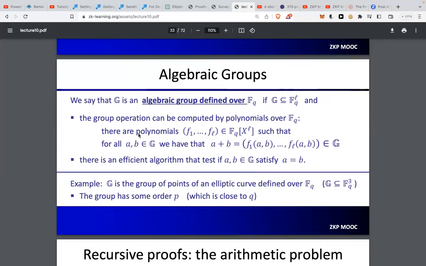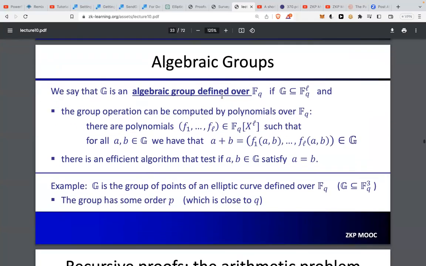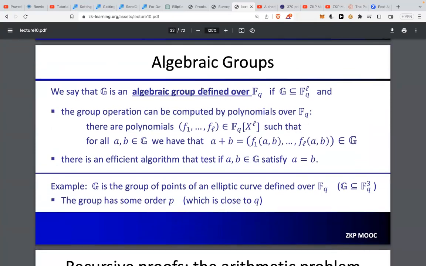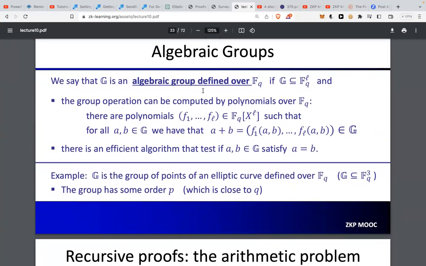Okay, I think this part is related to the so-called AGM, algebraic group model. It is some kind of security assumption. I don't quite understand the purpose of defining those.